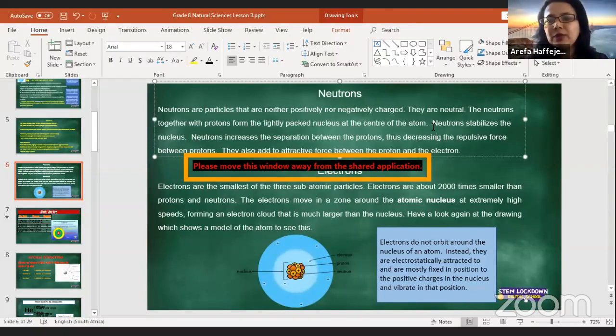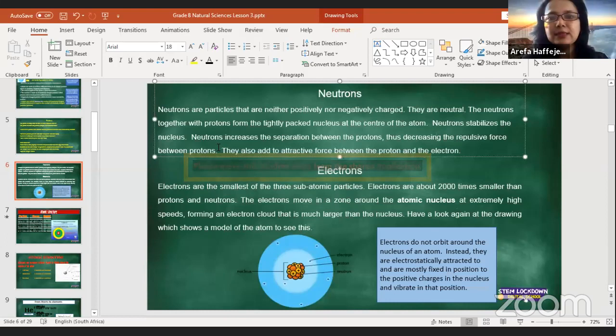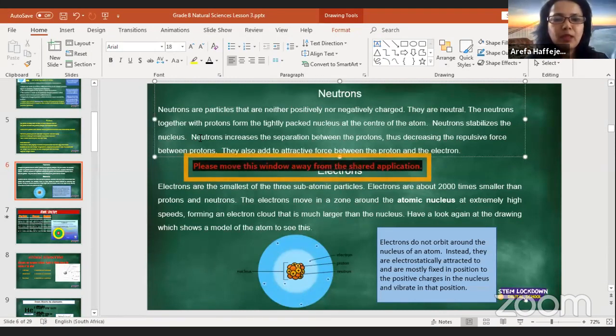So the function of a neutron, and it can also be a test question, is that a neutron stabilizes the nucleus. You can type in your answers or your questions on chat, and I'll read through them and then answer them.